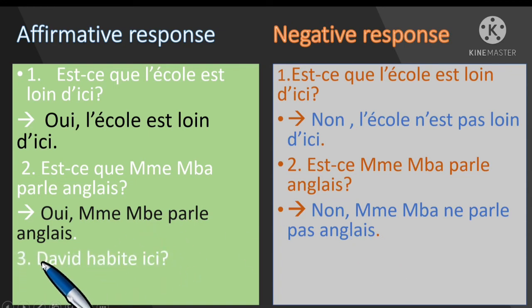The third one. David habite ici? Does David live here? Oui, il habite ici. Of course, I used il here, the pronoun.